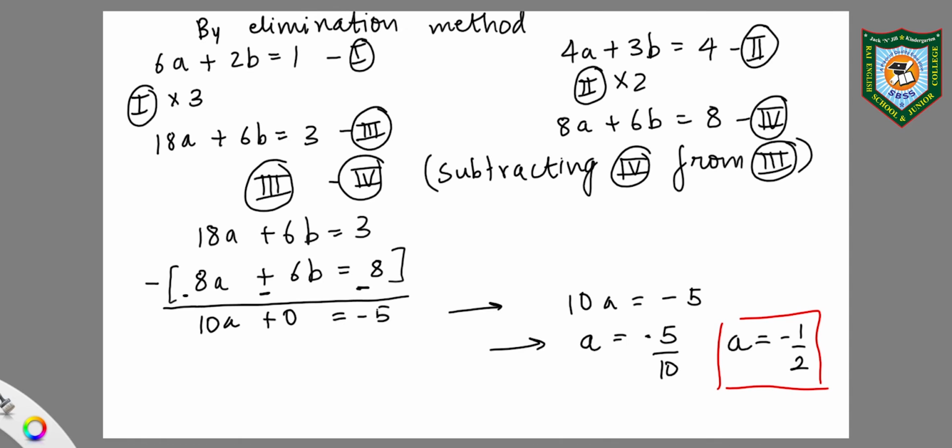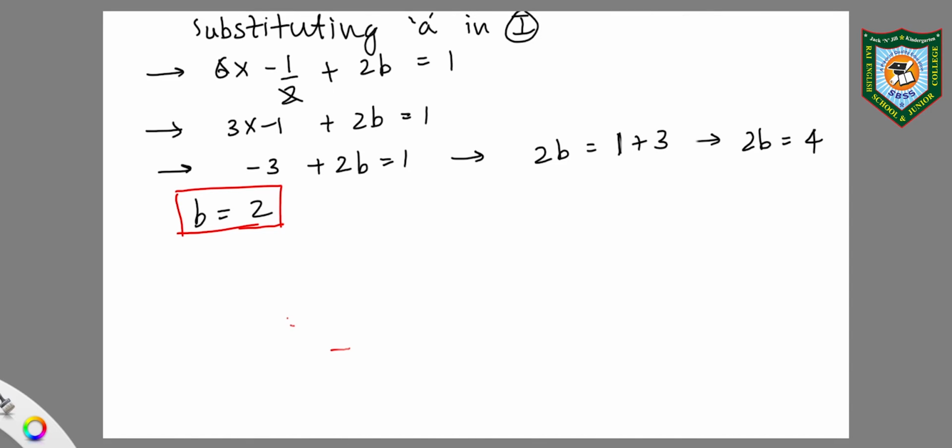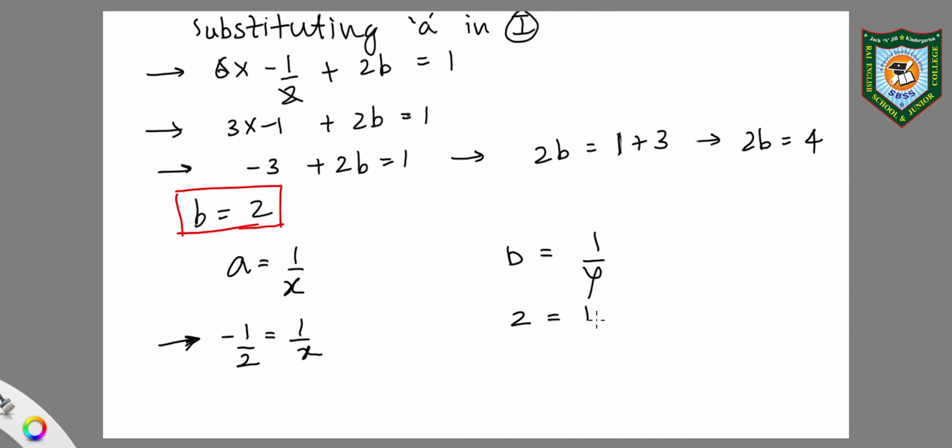Now remember, we replaced 1 by x is equals to a and 1 by y is equals to b, so I need to replace them back as 1 by x and 1 by y. So now a is equals to 1 by x and b is equals to 1 by y, which implies the value of a was minus 1 by 2, which is equals to 1 by x, and the value of b is 2, which is equals to 1 by y.